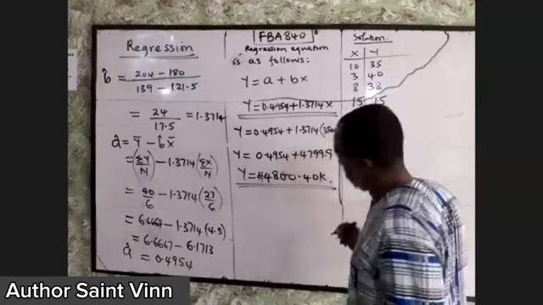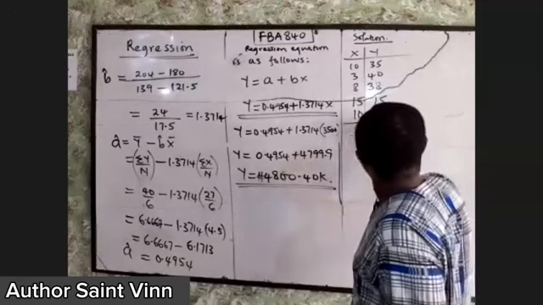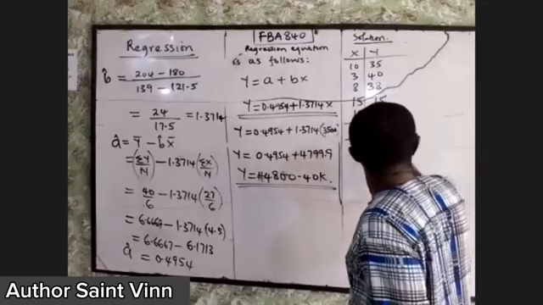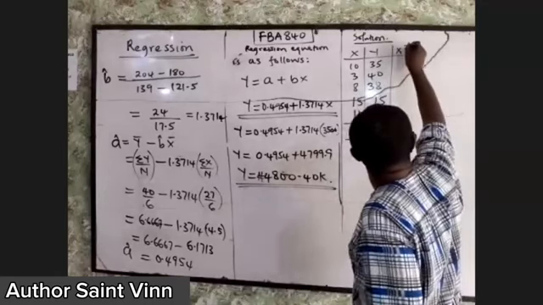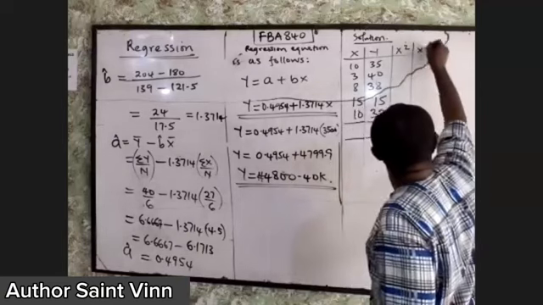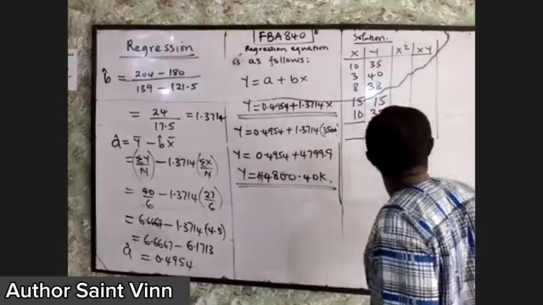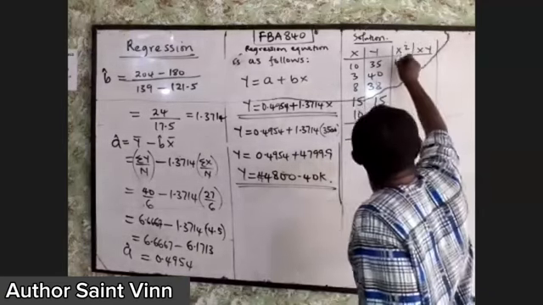I hope it's correct. Total, we need it. X squared, we need it. XY, that's all we need. X squared is 100, 9, 64, 225.